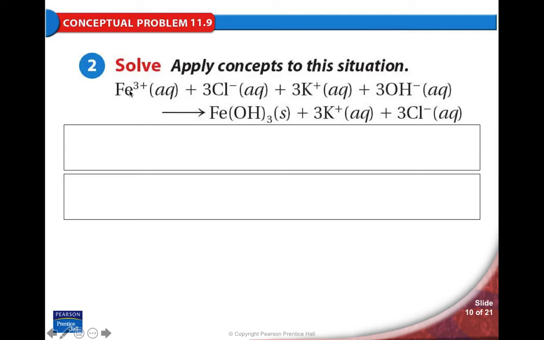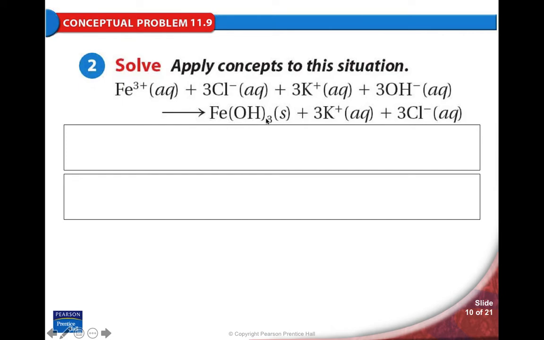So iron 3, Roman numeral 3, gives a +3 charge. You would need, I'm sure you know, 3 chloride ions to get that substance to 0. So there's our iron 3 chloride, all the pieces. Potassium and hydroxide go together 1 to 1.